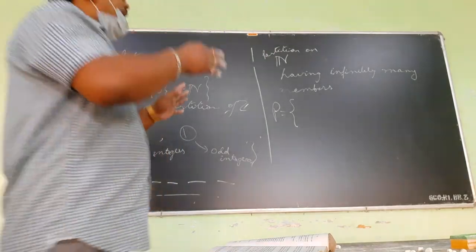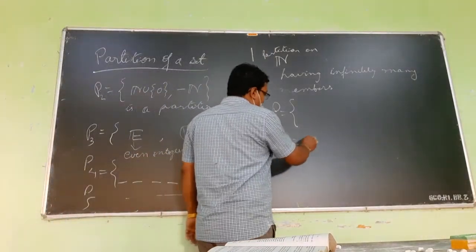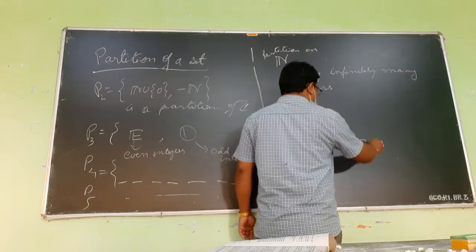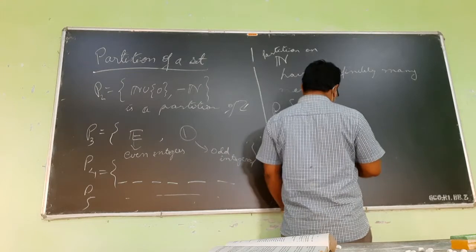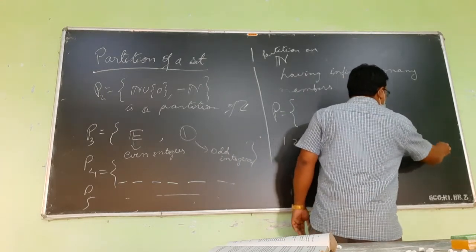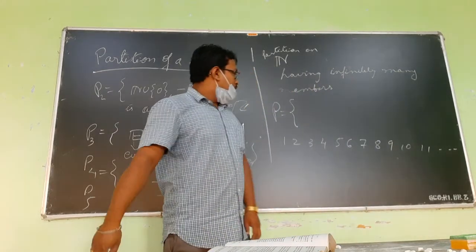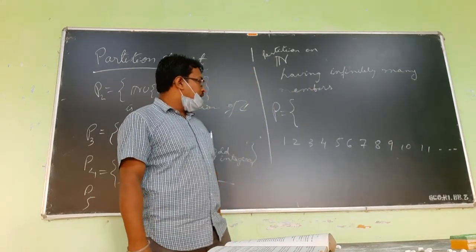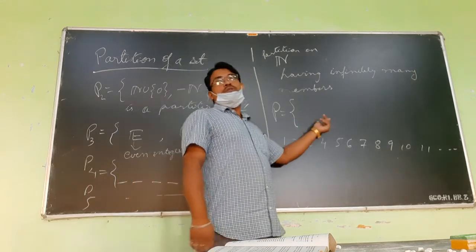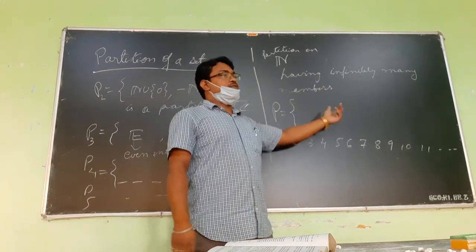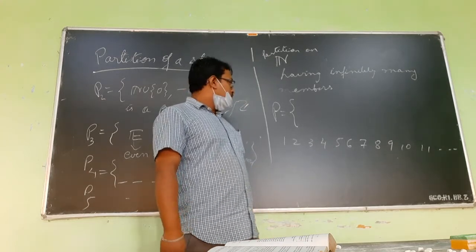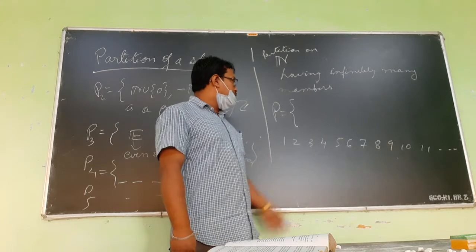I have to separate this set of integers into infinitely many parts. Okay, 1, 2, 3, 4, 5, 6, 7, 8, 9, 10, 11. So how can I do that? Infinitely many members. You have to take infinitely many subsets. Okay, how will you take? Roster method represent. Roster set builder form you represent.